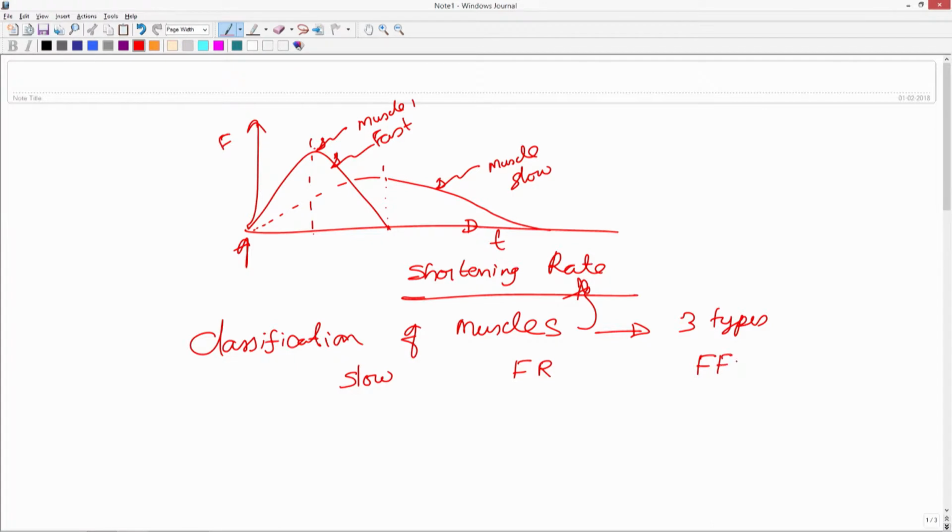Another third type is called the fast fatigable. These are the 3 different types of muscles. Okay. Fast resistive, fast fatigable.